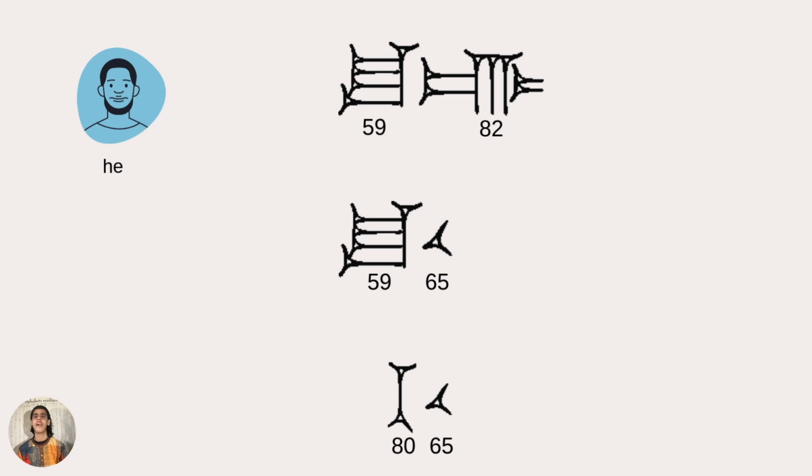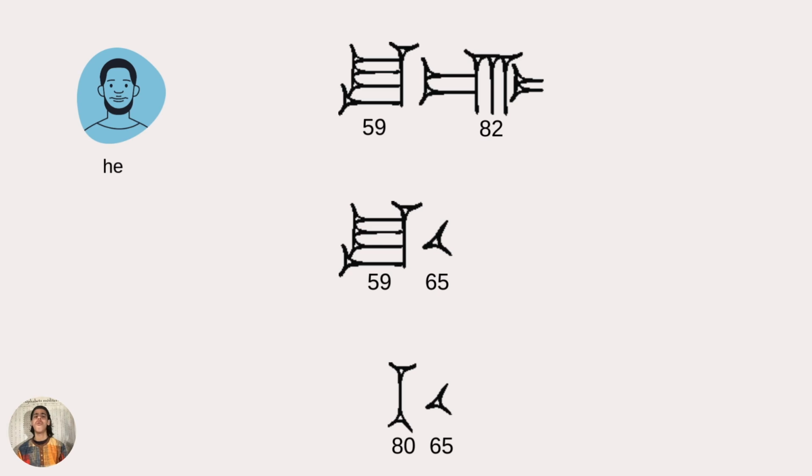It could be like you write in English, he, as we normally do, or we could write he with double E, just a sample. What I mean is that they sound the same. So we have the 59 and 80 that sound the same. And 82 and 65 that sound the same.